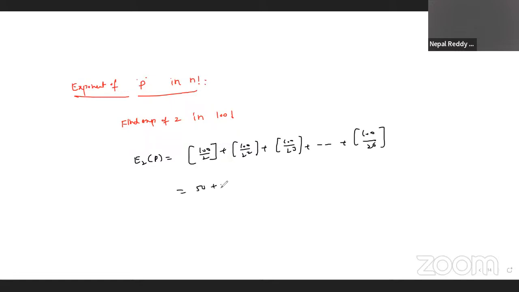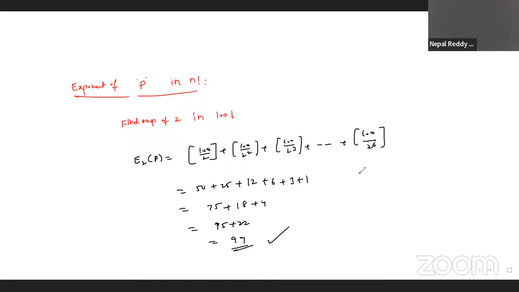Here 50, 50 by 2 is 25, 25 by 2 is 12 point something, so 12, 12 by 2 is 6, then 3, and then 1 you will get. Adding, 75, 18 plus 4, 75, 22, that is 97.